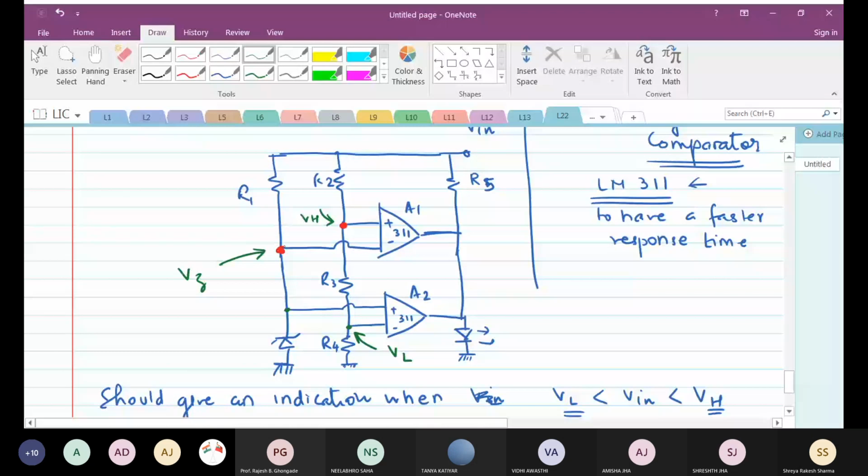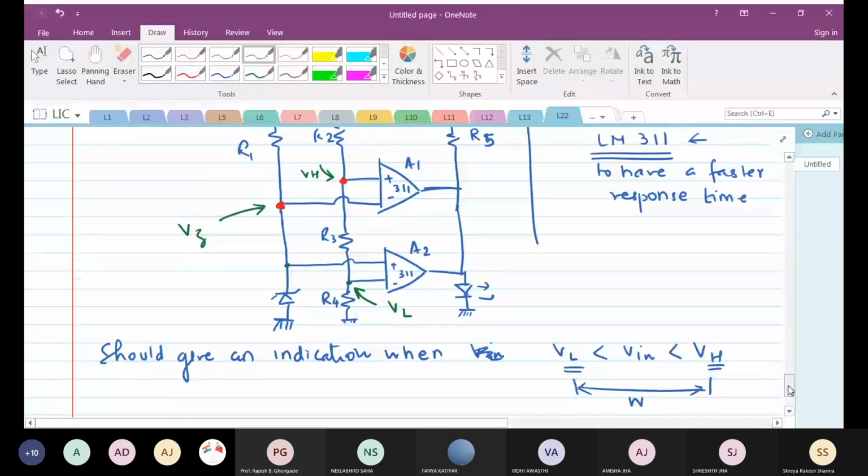So what is going to happen if Vin is such that this value is less than Vz? Guys, please respond.